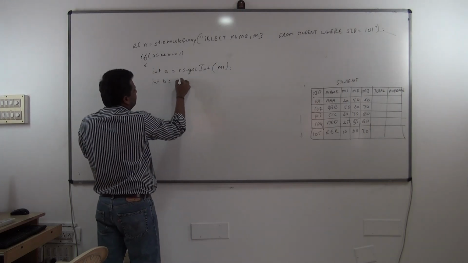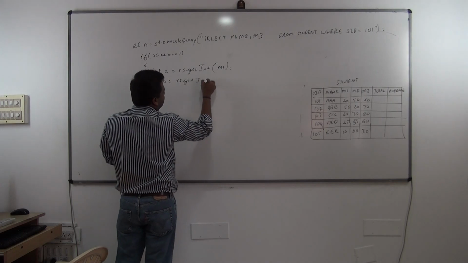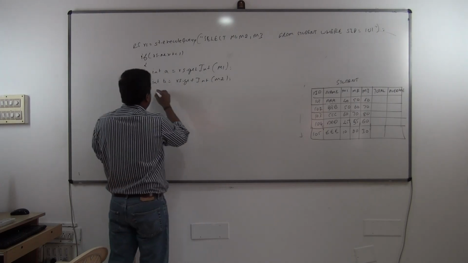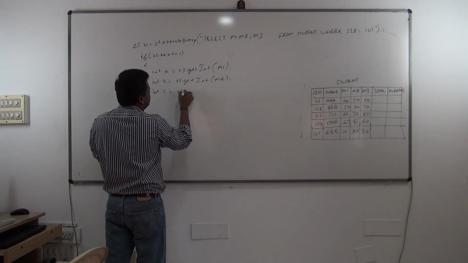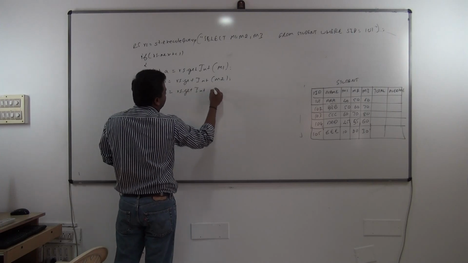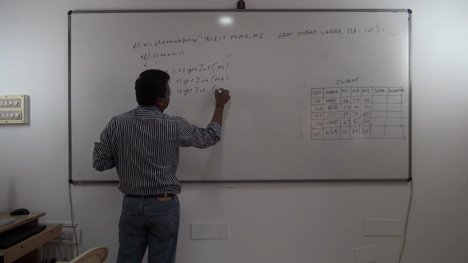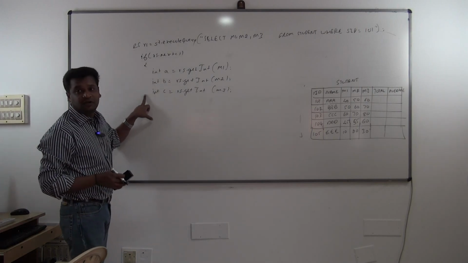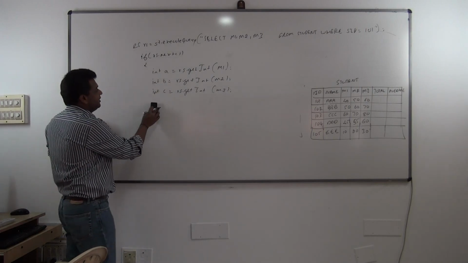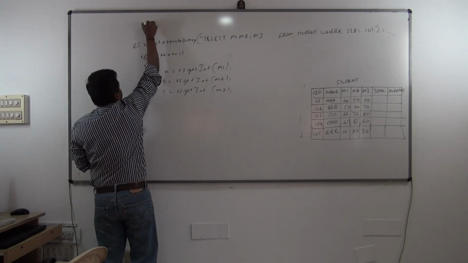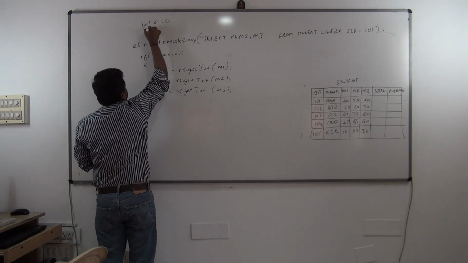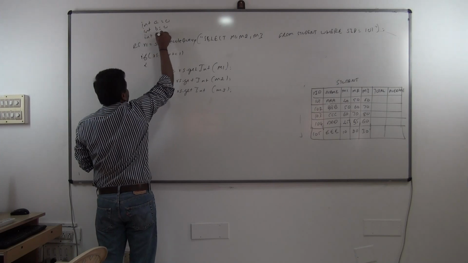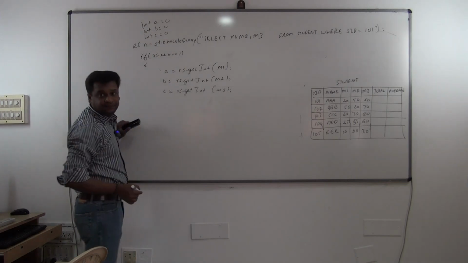int a, int b = rs.getInt of m2, you're getting it from the columns. int c = rs.getInt of m3. Do one thing, declare the variables outside. If you use them locally, you cannot use them outside. So I'll declare these variables outside: int a = 0, int b = 0, int c = 0, because you'll need these values.